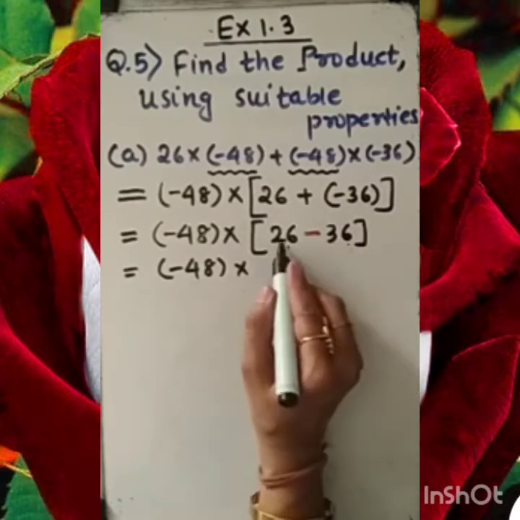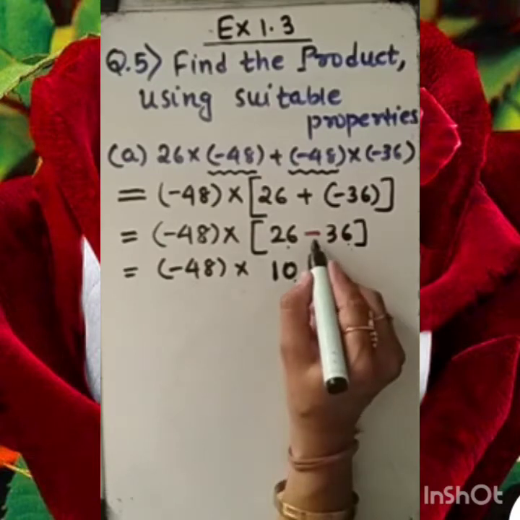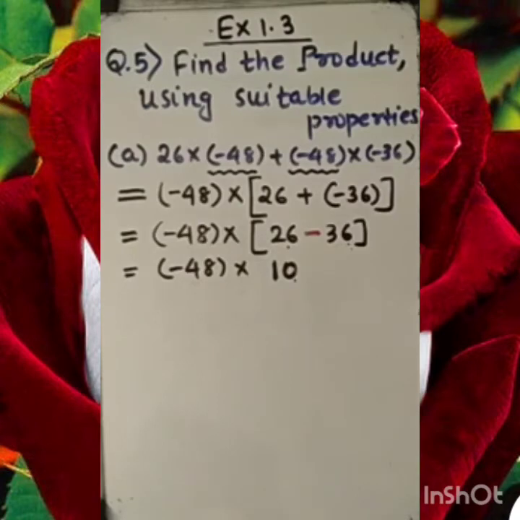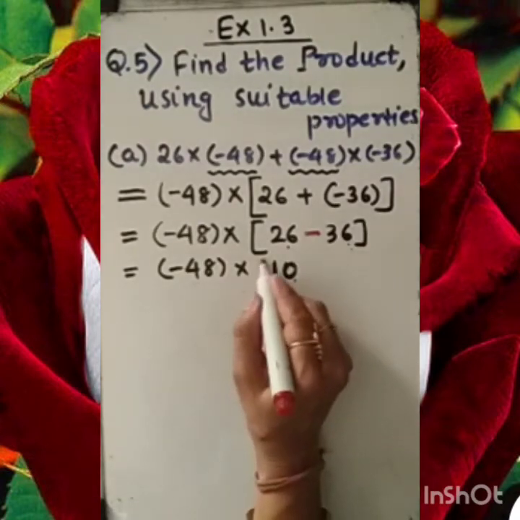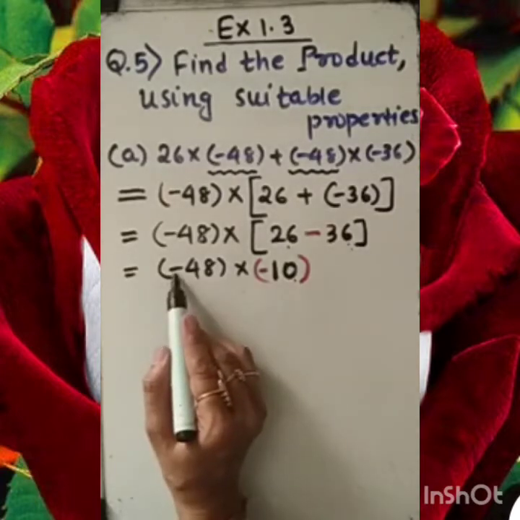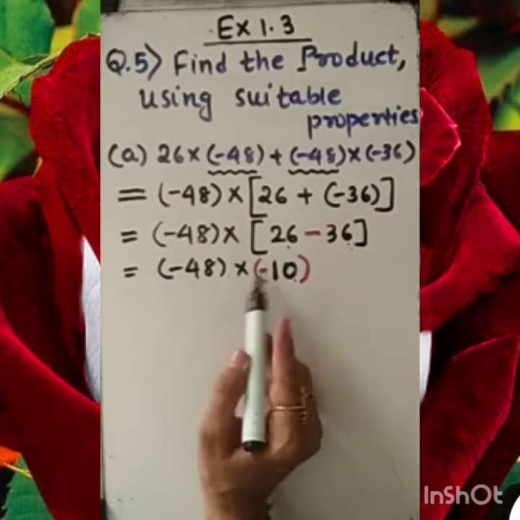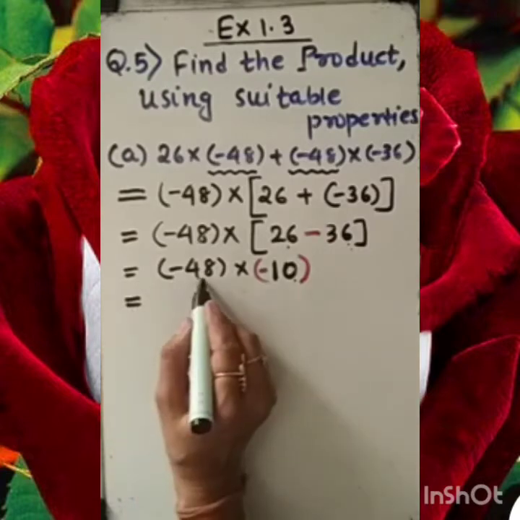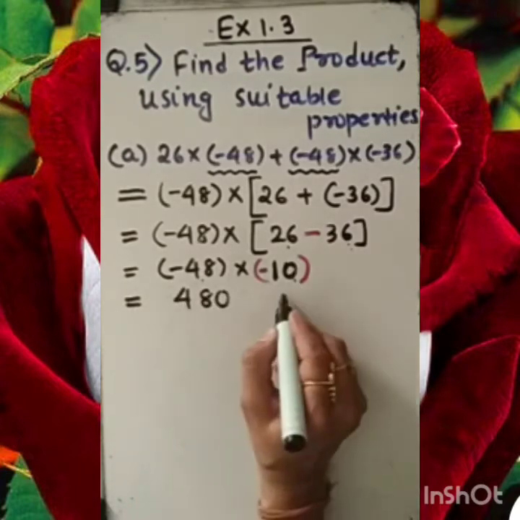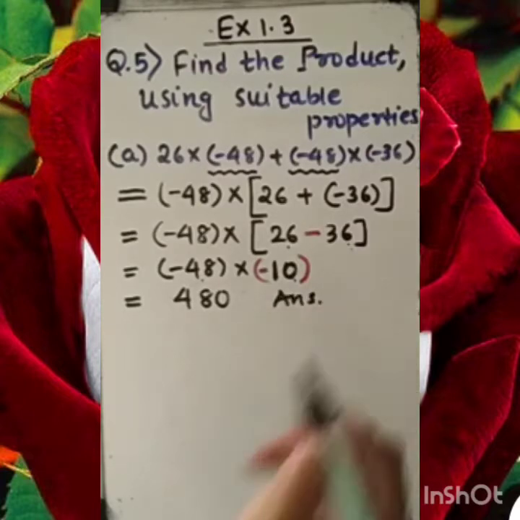But because the bigger number's sign is negative, we need to write this as negative. So the answer is -10. And as we all know, the product of two negative numbers becomes positive. So 48 into 10 gives the result 480. So this is the answer.